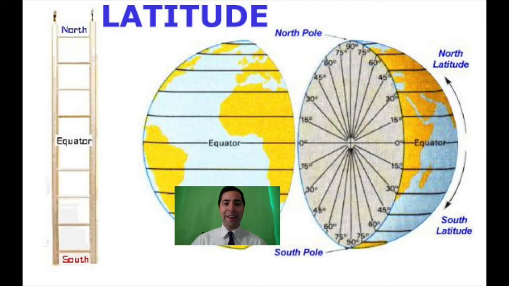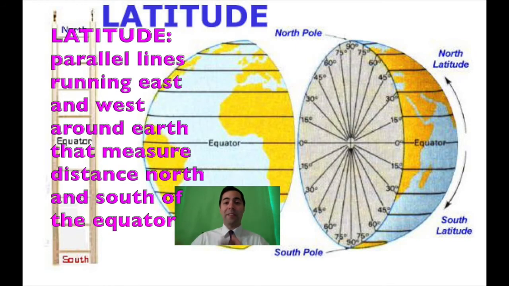If you look at lines of latitude, these are the lines that run east to west. The most famous line of latitude, of course, is the equator. And even though the lines of latitude run east to west, what they actually do is measure distance to the north of the equator and to the south of the equator.